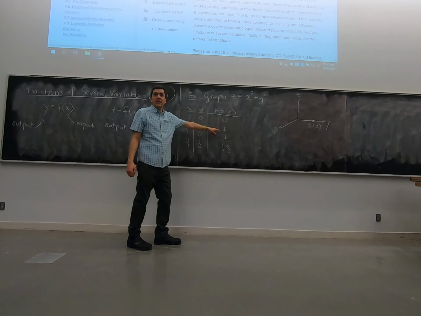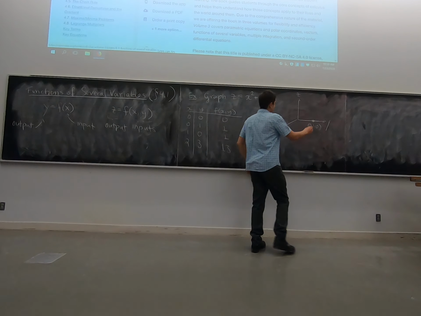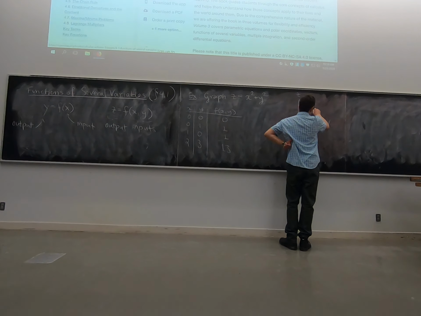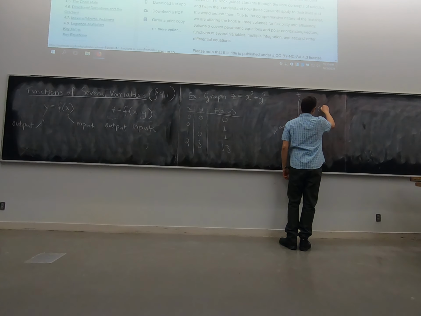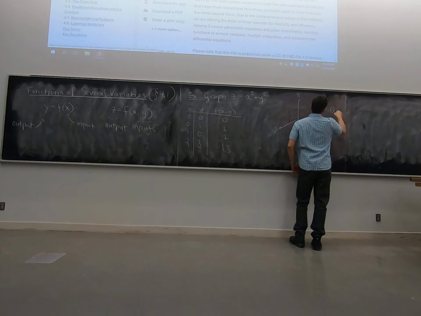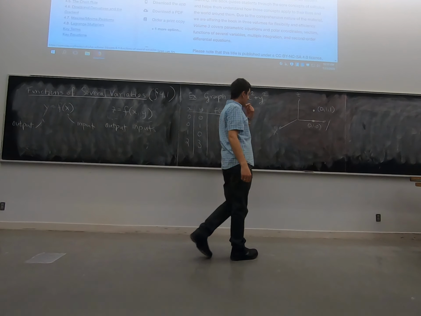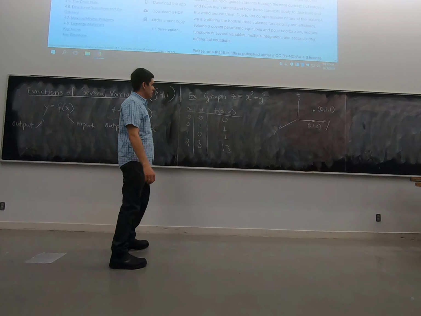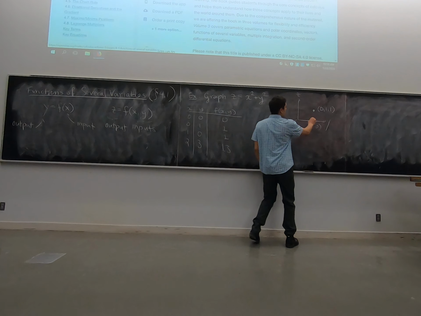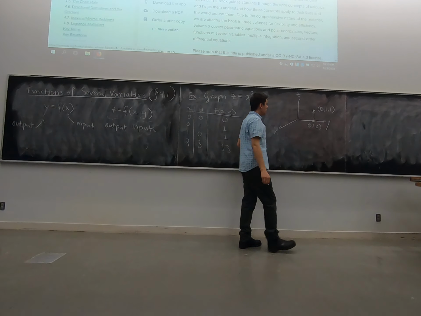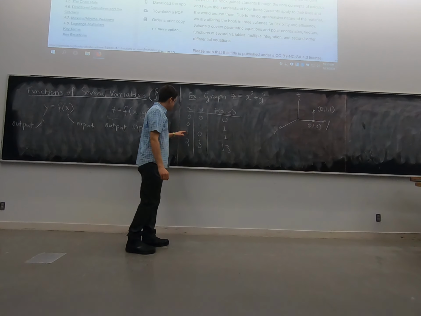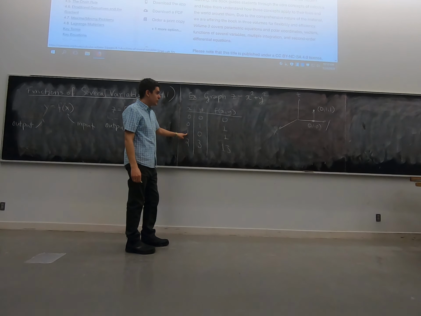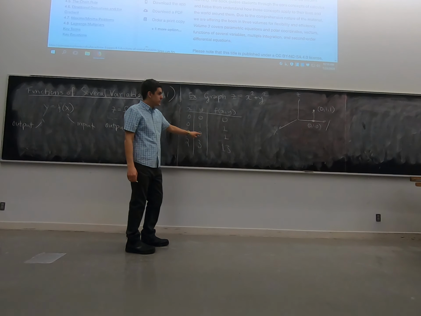Now we want to plot the output of our graph. So our graph goes up to there. Okay, now we go 1, 0, 1.